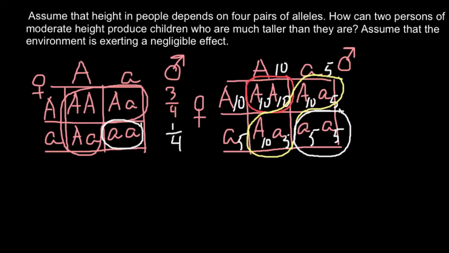As you see, this time we have 1 to 2 to 1 proportions, and one plant would be 20 centimeters, another 15, and the last 10 centimeters.